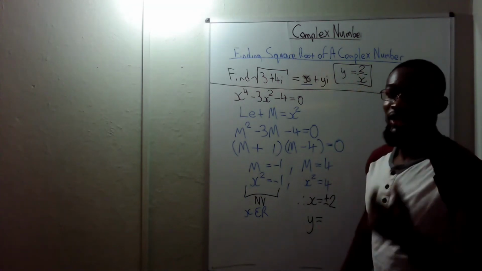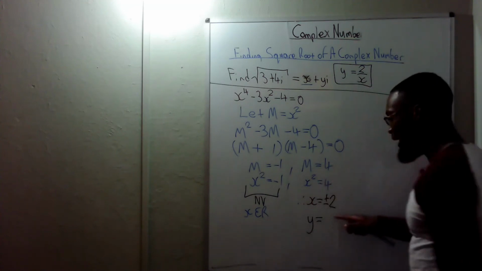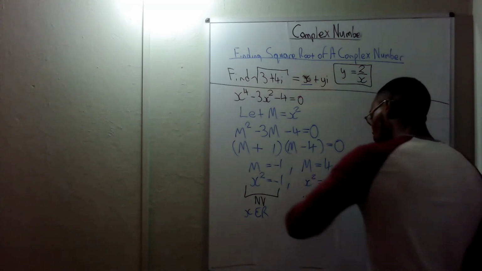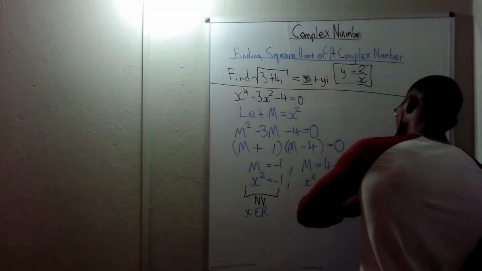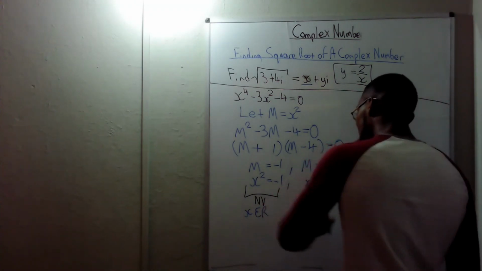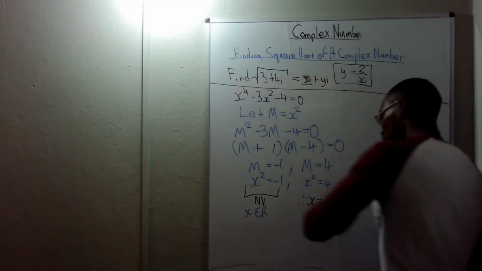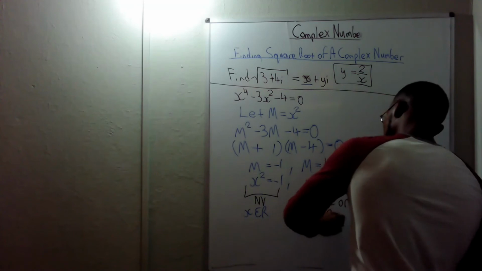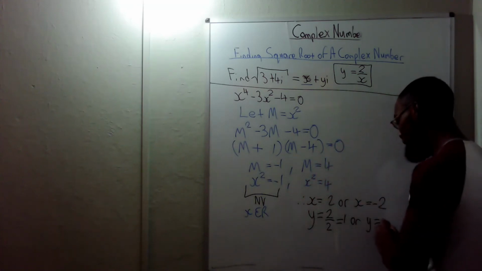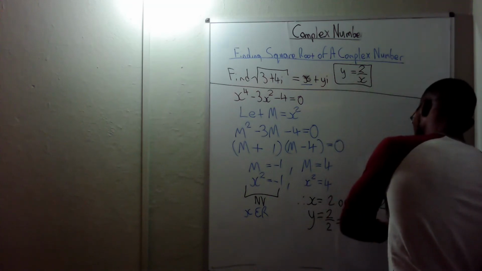So since we have y is 2 over x, let's write it this way. X is 2 or x is negative 2. When x is positive 2, y is going to be 2 over 2, which is 1, or when x is negative 2, 2 over negative 2, which is negative 1.